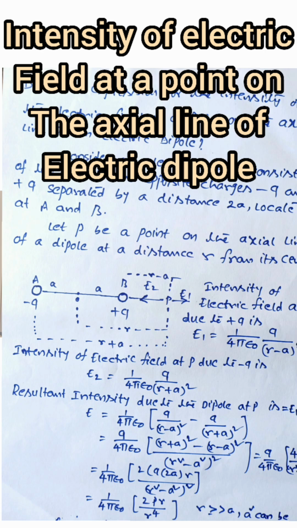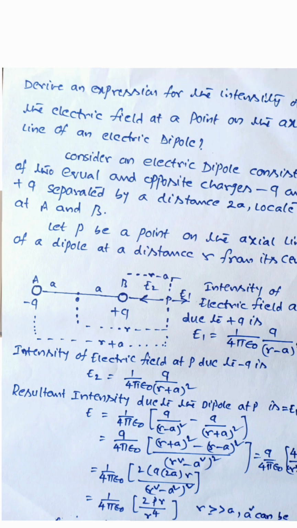Two equal and opposite charges separated by a certain distance is called an electric dipole. Here consider an electric dipole consisting of two equal and opposite charges minus q and plus q, which are separated by a distance 2a. These two charges are located at A and B. What is the distance between these two charges? 2a.